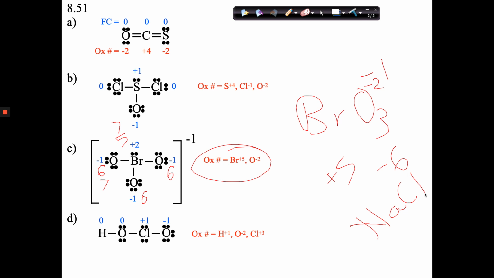If we say this is 1 plus and 1 minus, that's the number of electrons they've lost or gained. So charges are ionic bonds. Oxidation numbers don't tell you how many they've lost or gained, they tell you how many they share. So oxidation numbers apply to molecules because they're not ionic, they're sharing covalently.